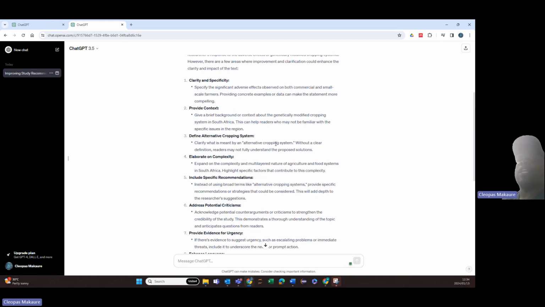But what I can do now, because it's something that has come up, I can cross-reference it to the page or to the chapter in which I have written about alternative cropping system, which is now a good thing. I've taken note of that. So whenever I'm going to improve that, I need to do cross-referencing so that the readers can always refer back to where I have written about that.